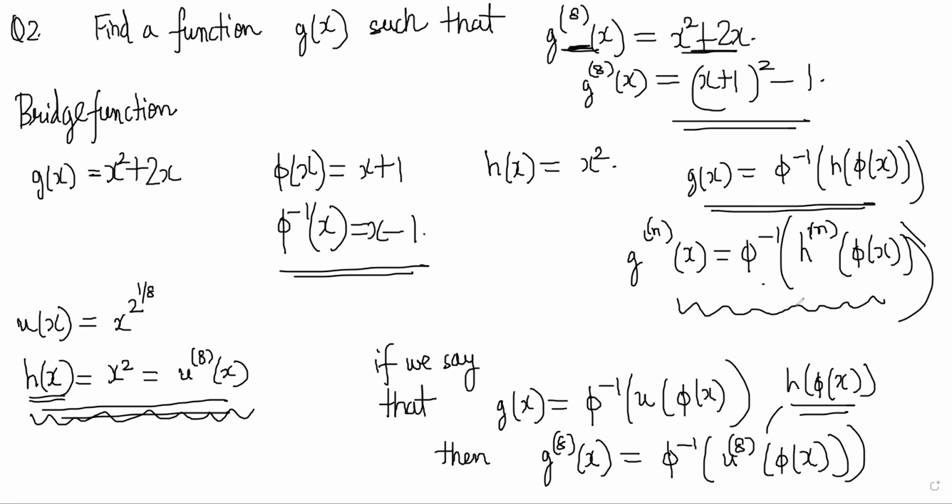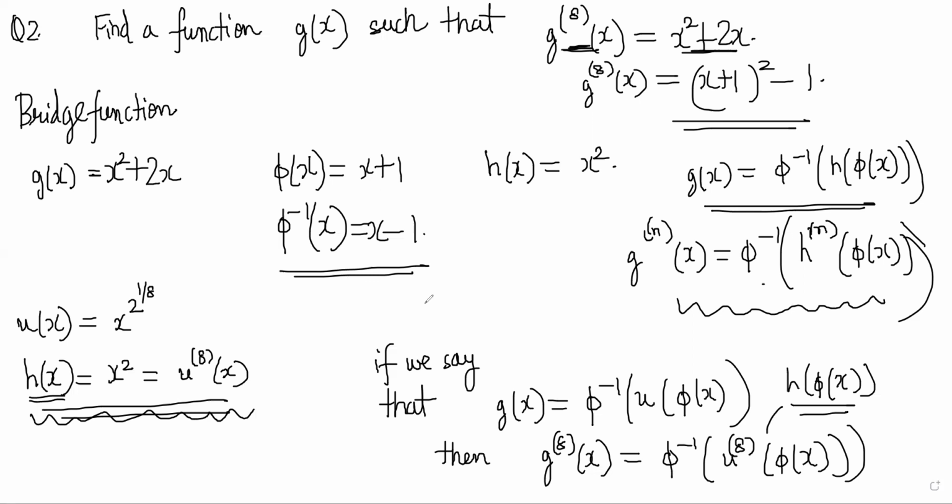So phi inverse of h of phi of x is simply g of x, right? Correct. So g of 8 of x is coming out to be that is matching, right?